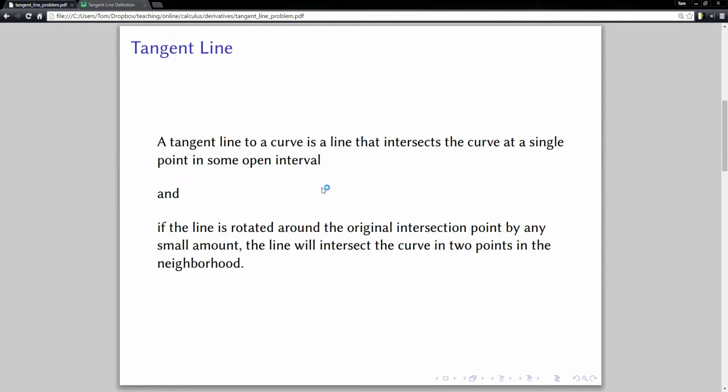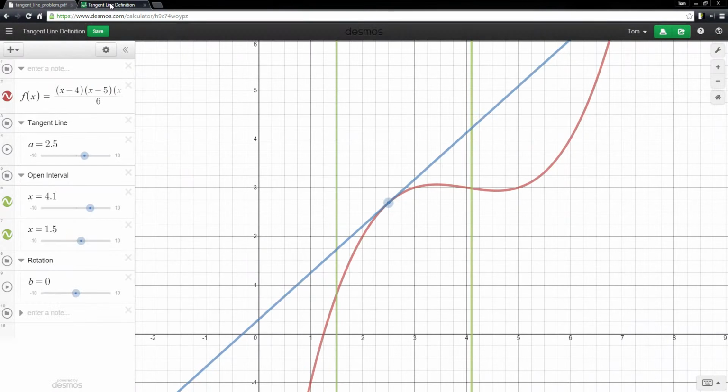And then the second half says if that line is rotated around the original intersection point by any small amount, then the line will intersect the curve in 2 points in that open interval, in the neighborhood. So for instance, if I start rotating that blue line there, you can see, oops, I rotated it too much.